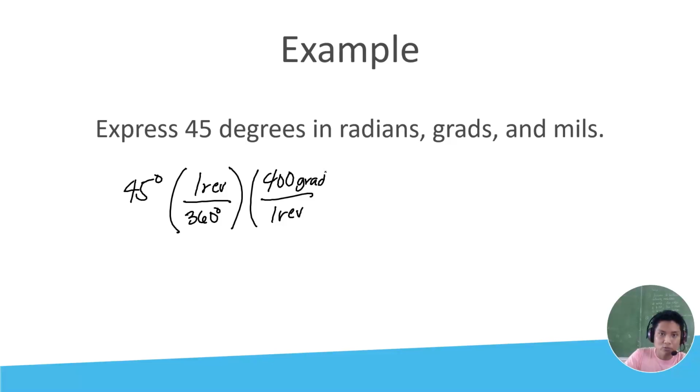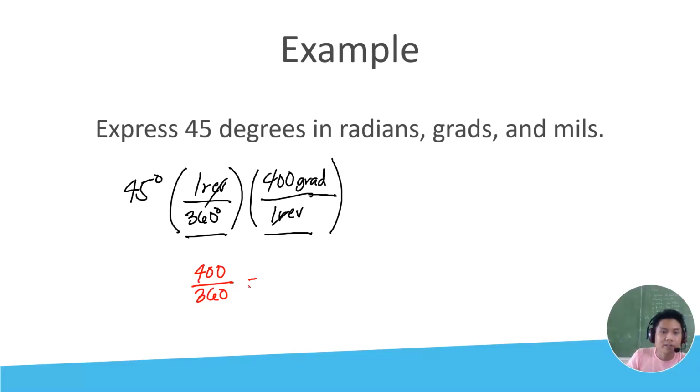So if we want to directly convert degrees to gradients, we simplify these two conversion factors by multiplying them, which is 400 over 360.